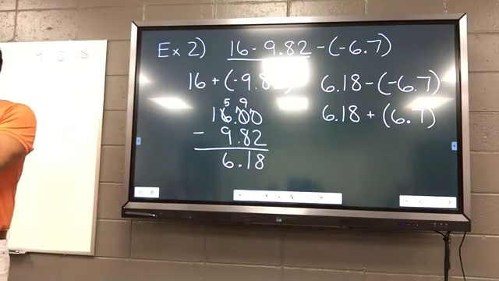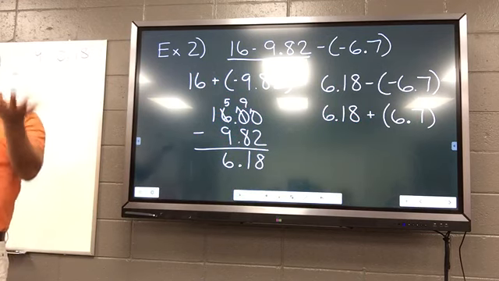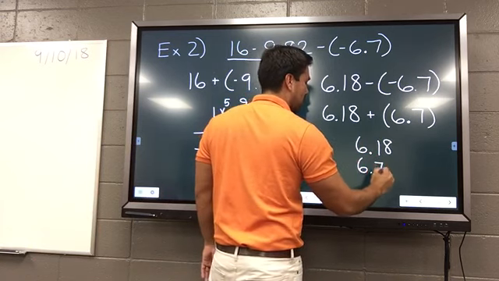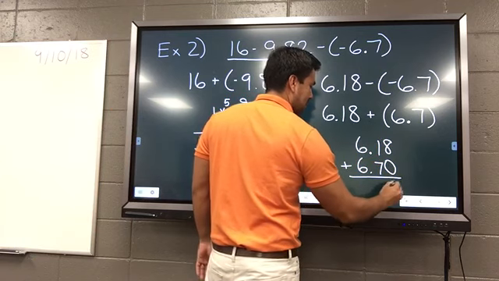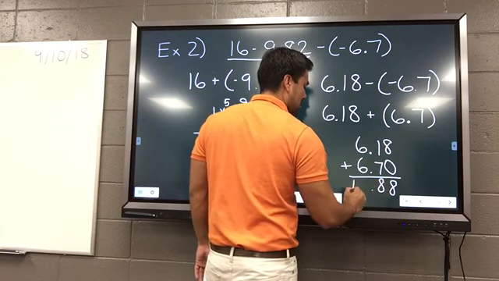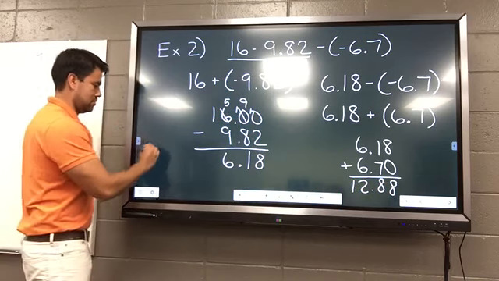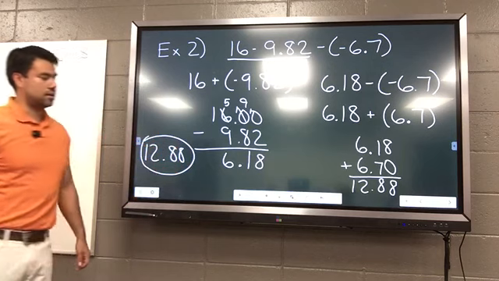I have addition of two numbers with the same sign. What do I do with those absolute values? Add them. And please make sure you add it correctly. If you don't line up place value, it does not work out very well. All right, what do I get? Ooh. 12 and 88 hundredths.